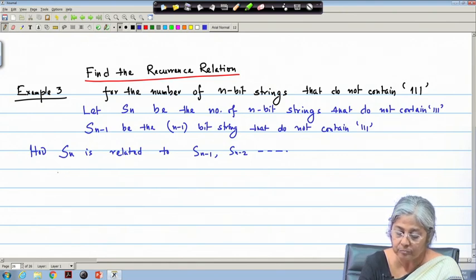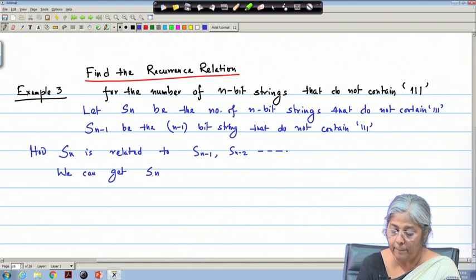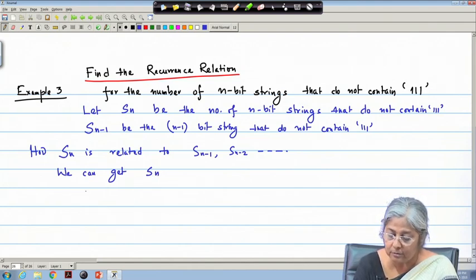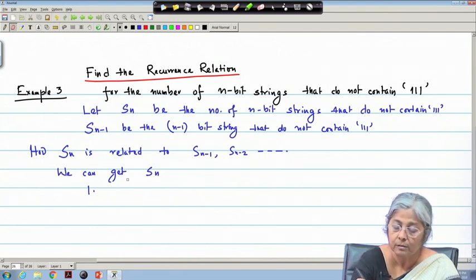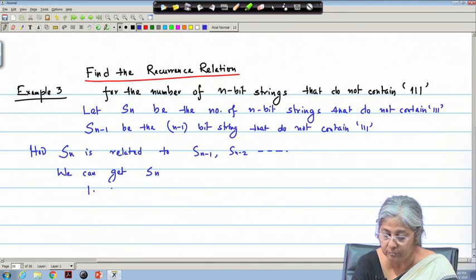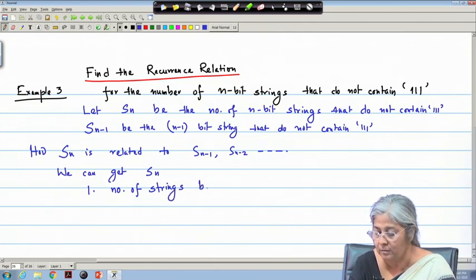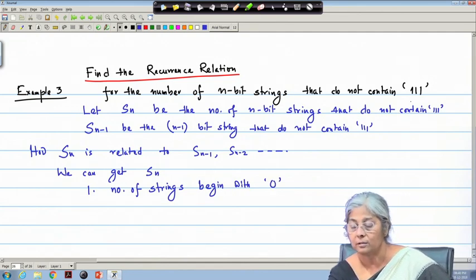So, we can get Sn from the number of strings that begin with 0, because they do not contain 111.